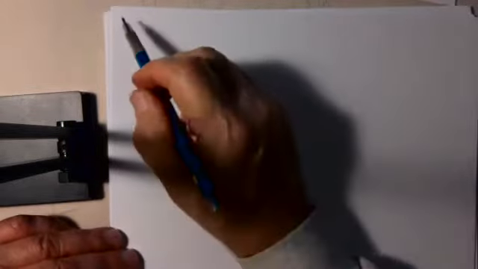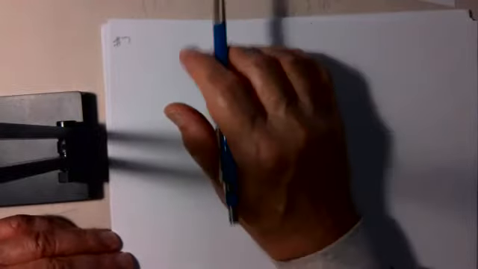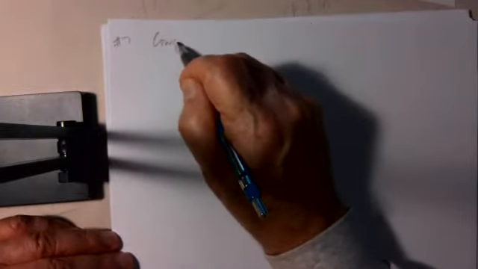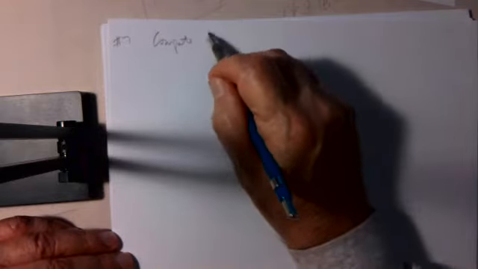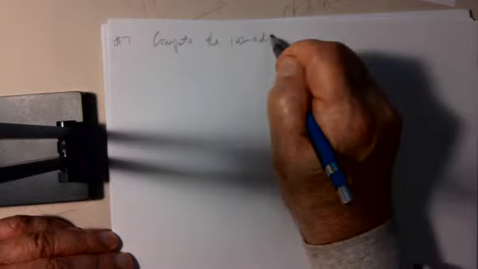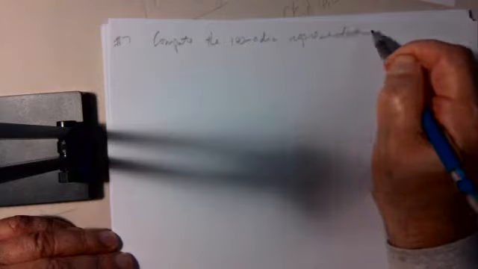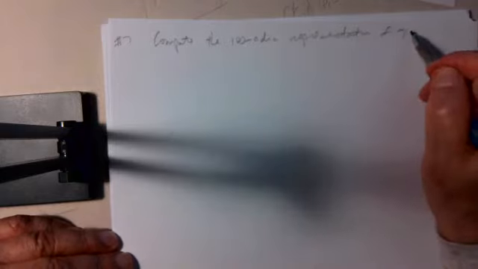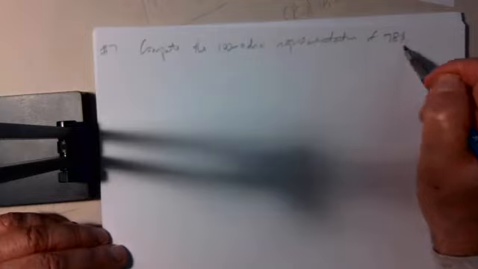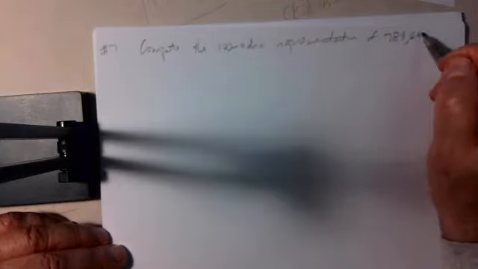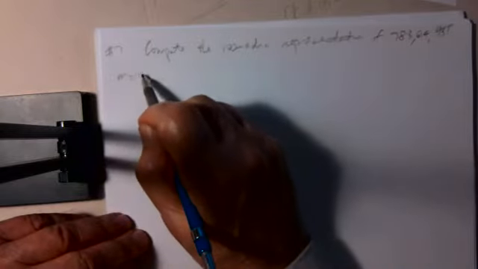So number 7 is to compute the 100-adic representation of the number 783,614,955. So this is M-adic with M equal to 100.